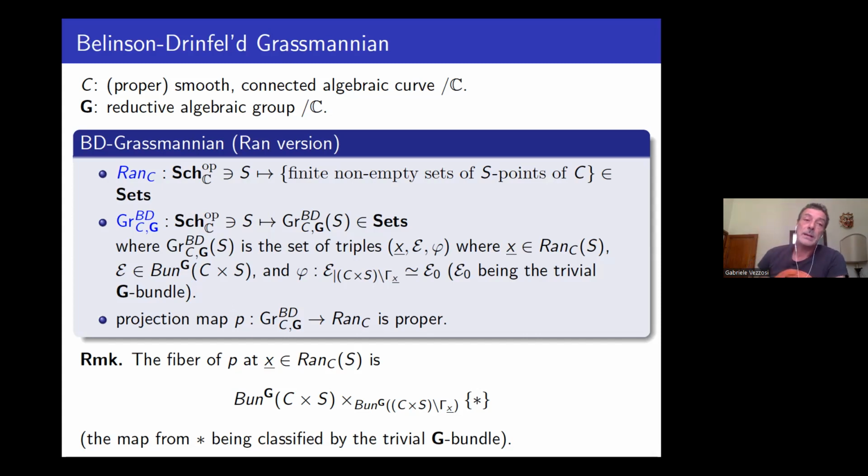Then the Grassmannian, the Beilinson-Drinfeld Grassmannian in its so-called Ran version, is the following thing. So again, it's a presheaf of sets.